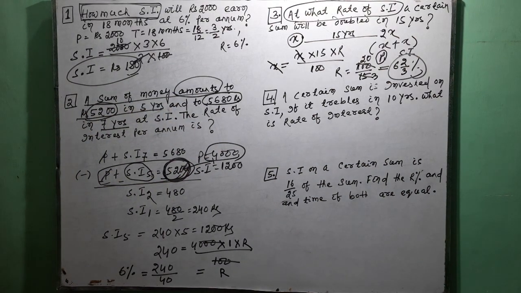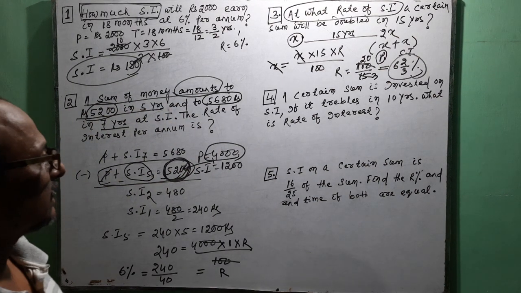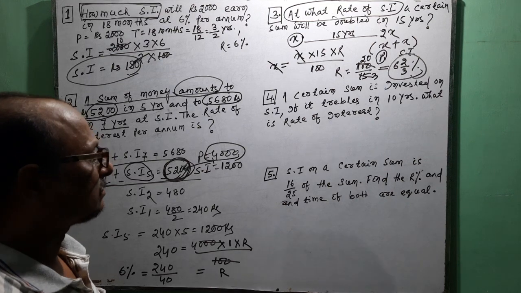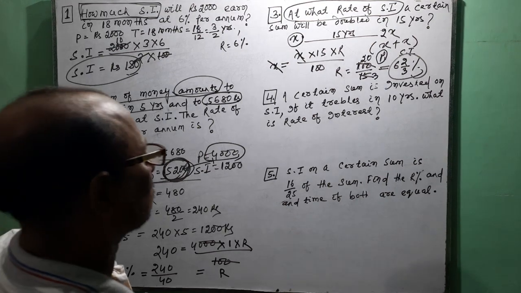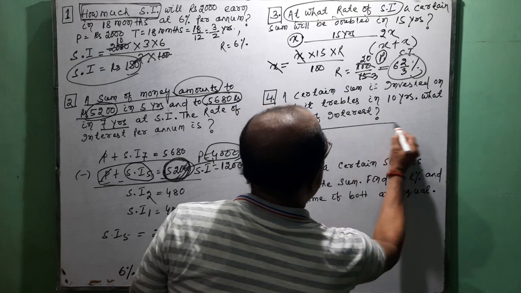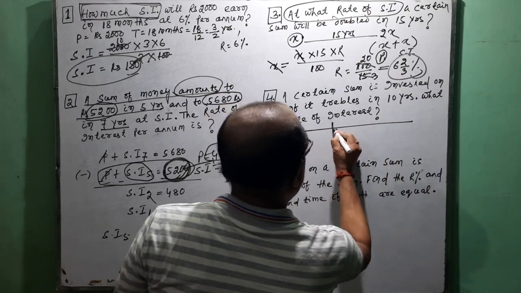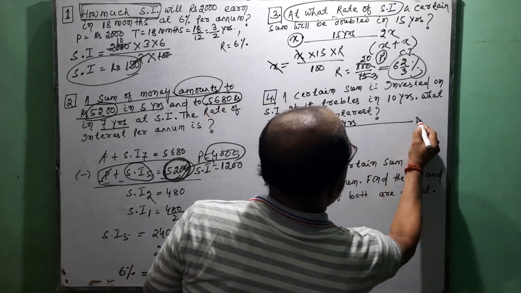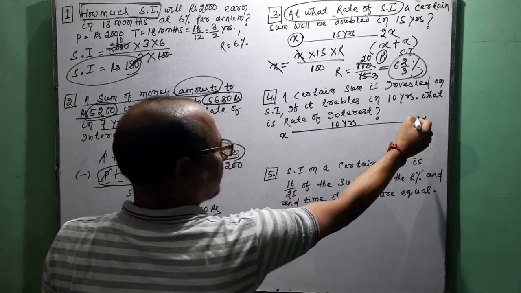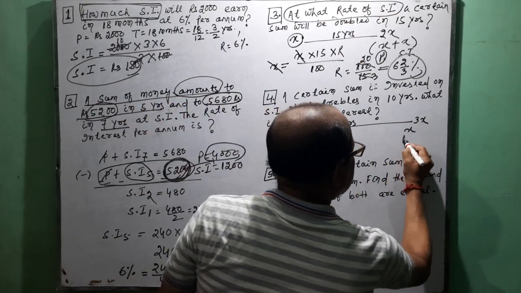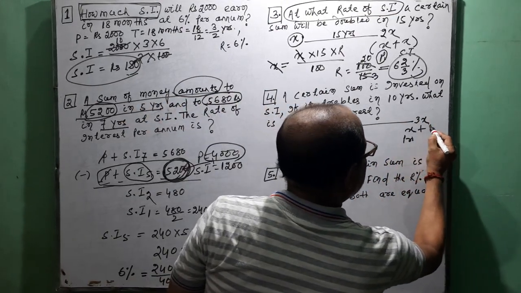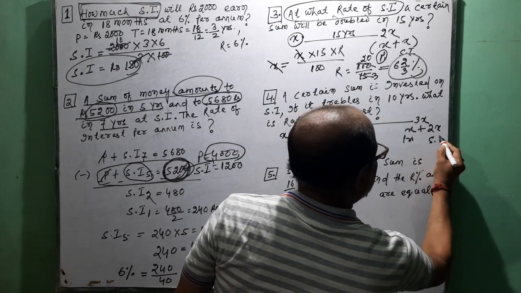Next, number 4. A certain sum is invested on SI. If it triples in 10 years, what is the rate of interest? Triples: this is X, and after 10 years, this is 3X. In 3X, 1X is principal and the other 2X is SI.